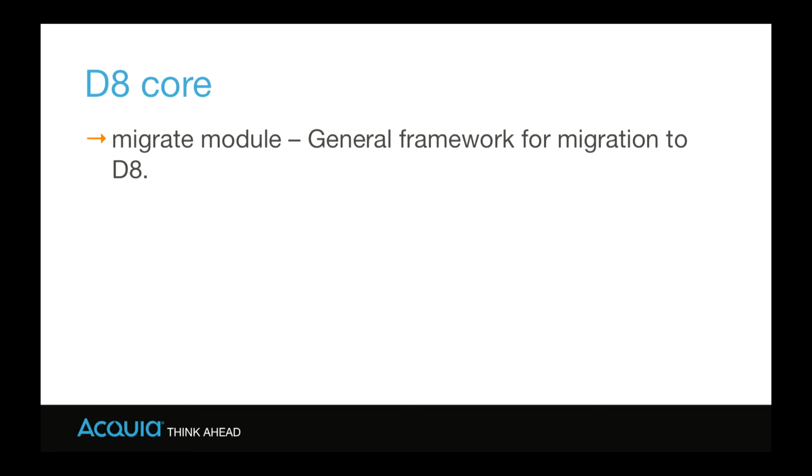So, core. We'll dive a little deeper on what exactly is going to be, or actually is, in Drupal 8 core. The central piece of this is the Migrate module. This is the general API for migration to Drupal 8.